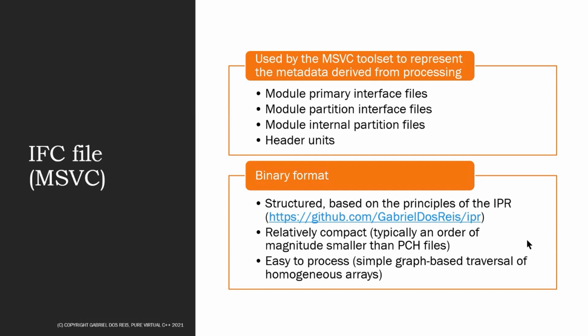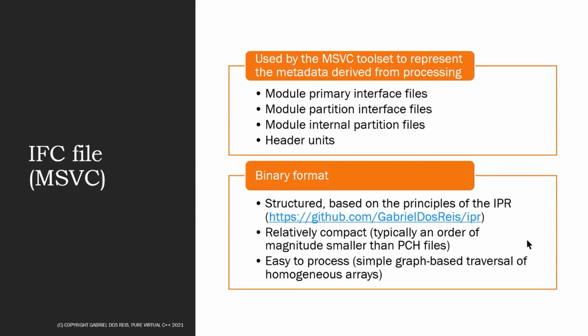So this format is used to compile the module primary interface, partition interface, internal partition file, and also header units. These strange header files that turn into some kind of modules, right?